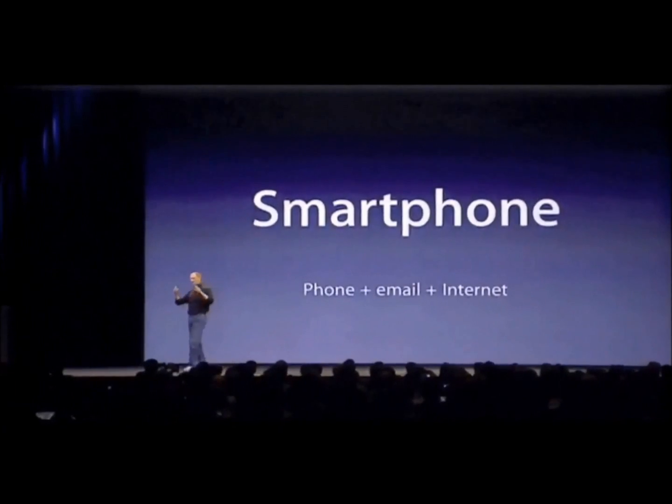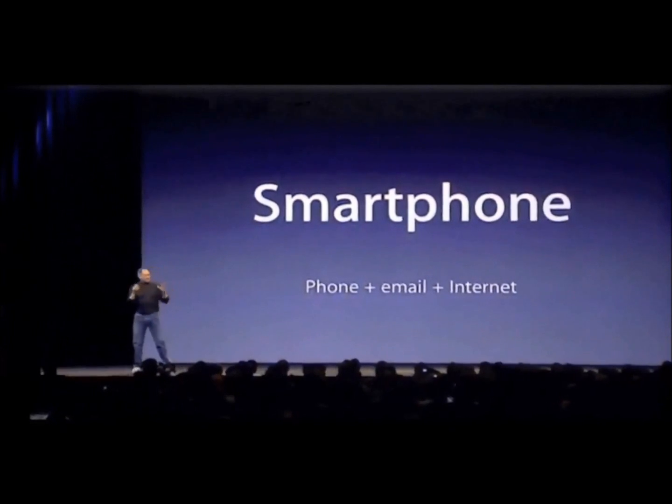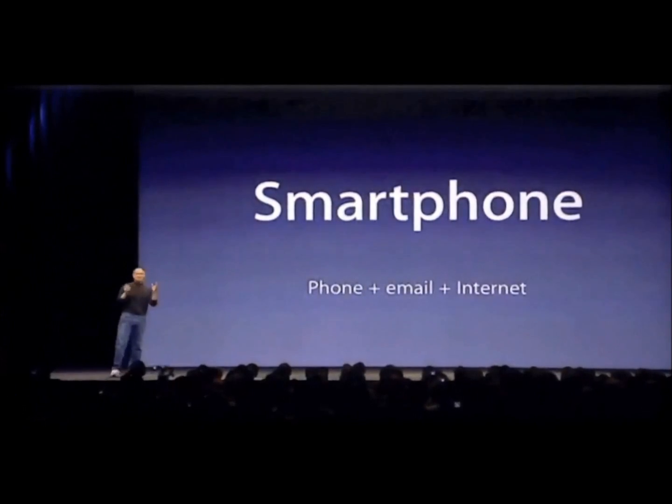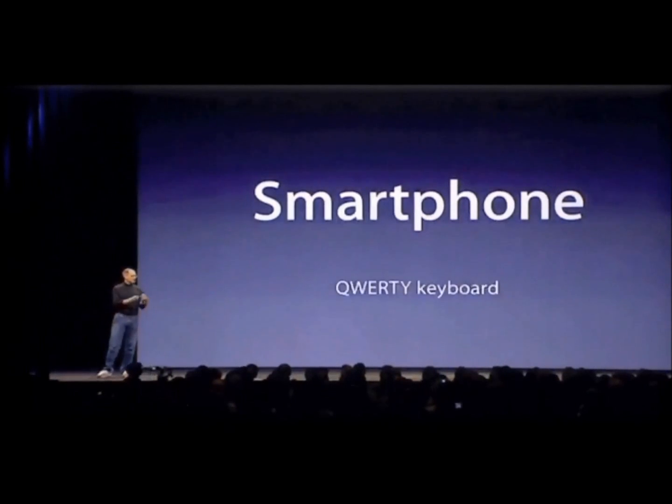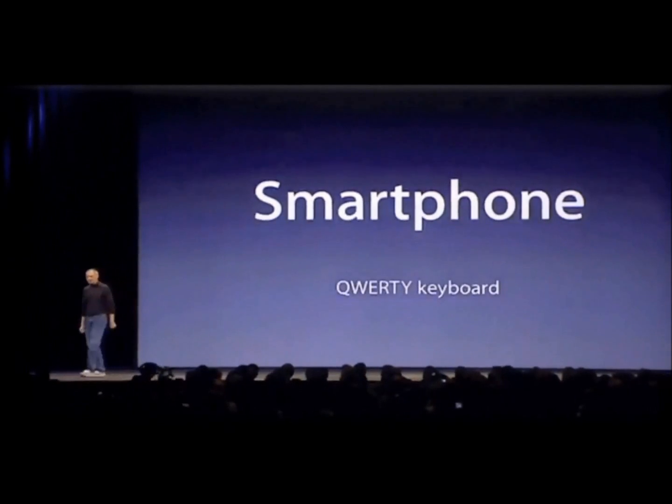The most advanced phones are called smartphones, so they say. They typically combine a phone plus some email capability, plus they say it's the internet, sort of the baby internet, into one device. And they all have these plastic little keyboards on them. The problem is that they're not so smart and they're not so easy to use.